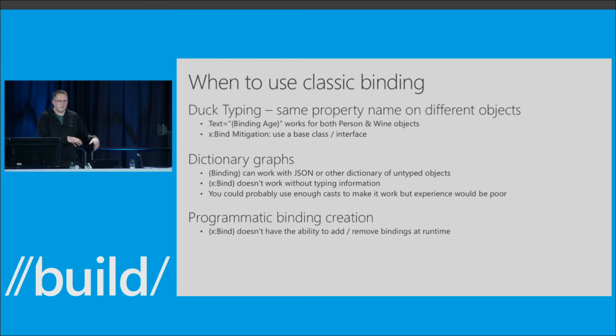Everything has to be done at compile time. That you can still do with classic binding. One of the primary cases I've seen in our internal apps that have been using programmatic binding is primarily to get the notifications of dependency properties. So now we have an easier way of doing that. If that's what you're trying to do, just register for the change on that dependency property rather than creating a binding to get there.